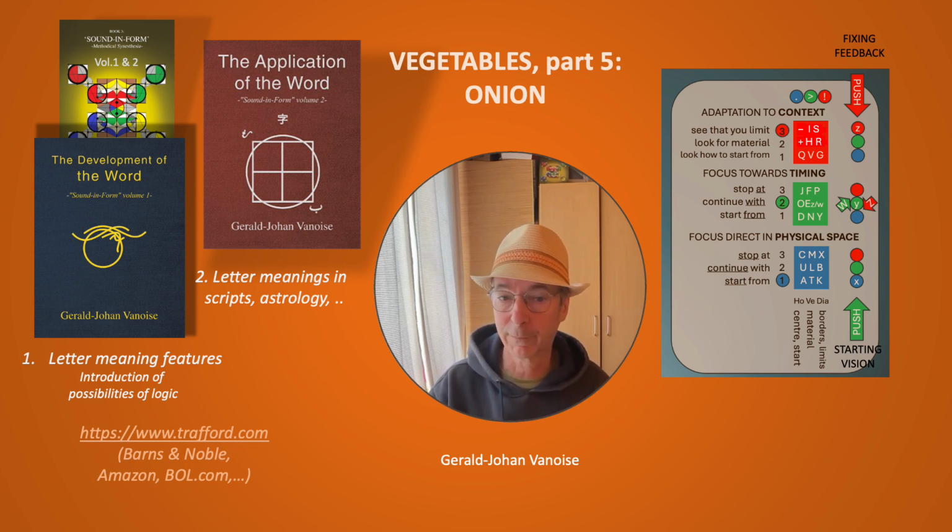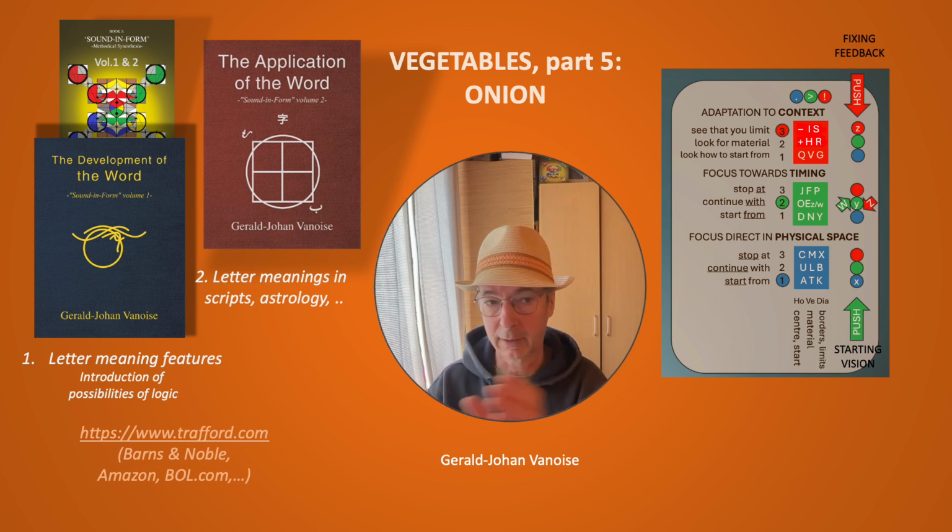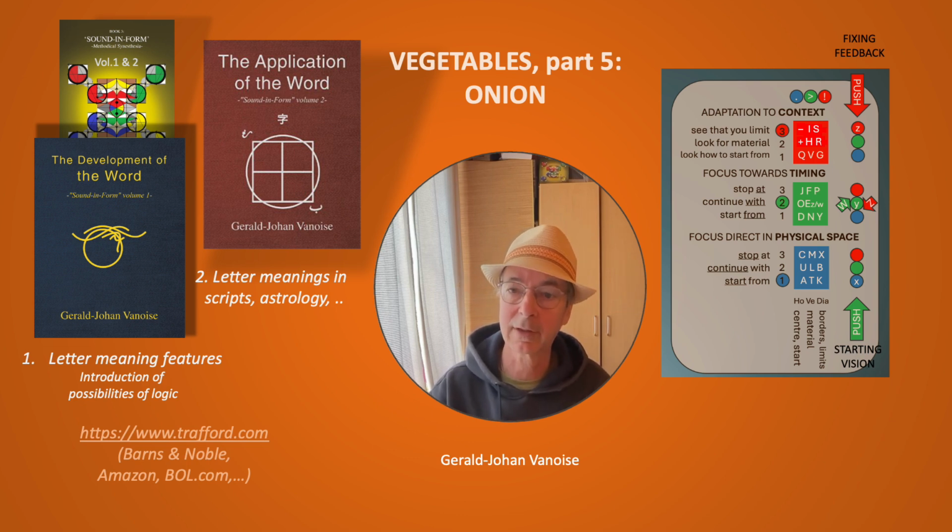I will go for vegetables again, and I will explain onion. On the left you have the books that prepared me to go to the logic of letters, and on the right you have more or less the resume of the whole system of orientations.